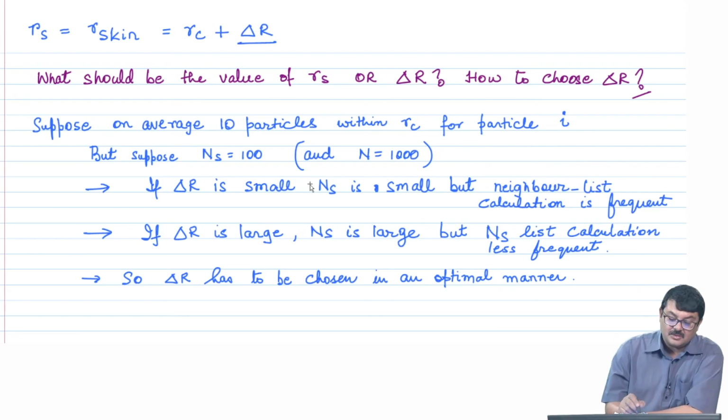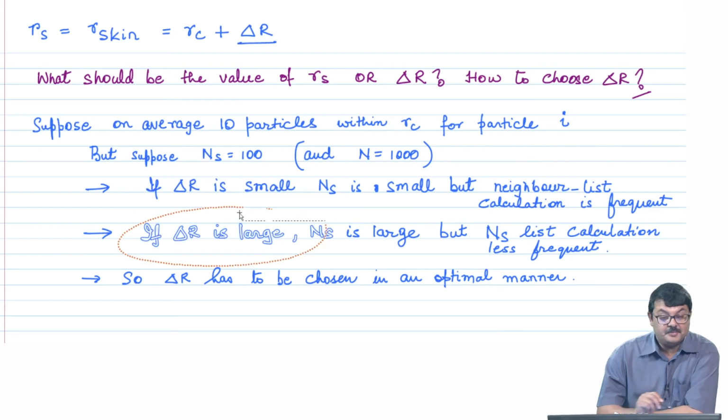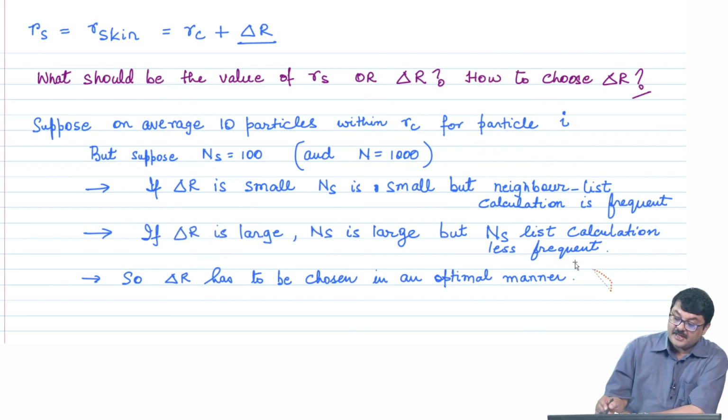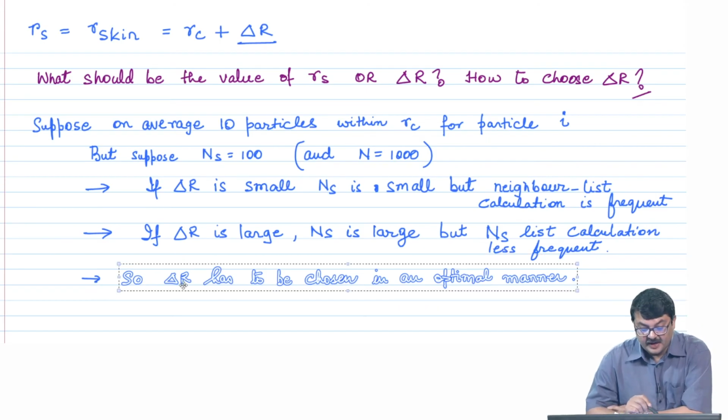So, delta r cannot be too small, delta r cannot be too large. Of course, having a neighbor list will speed up, but it will not speed up optimally. So, you will get the maximum speed up, or the optimal speed up, if delta r is chosen in an optimal manner.